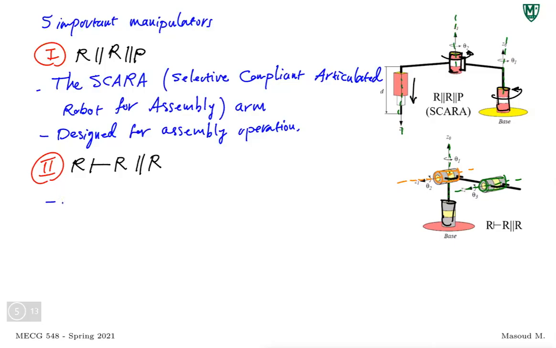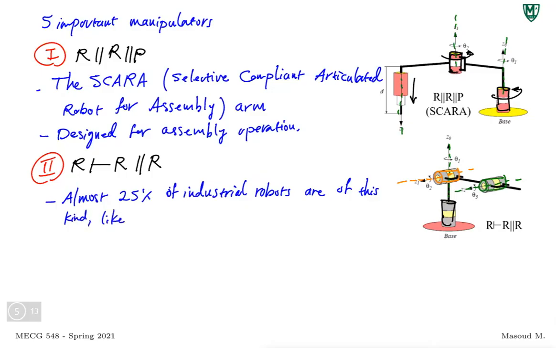Based on the reference from your textbook, almost 20% or 25% of industrial robots, and this is the number from a few years ago, so things might have changed, are of this kind.